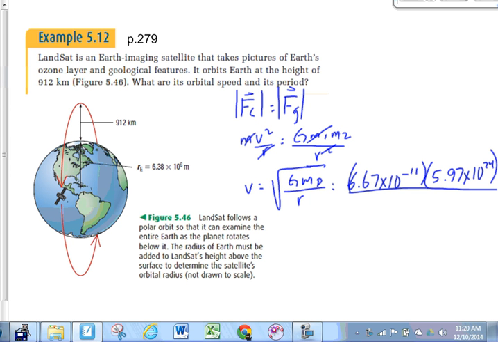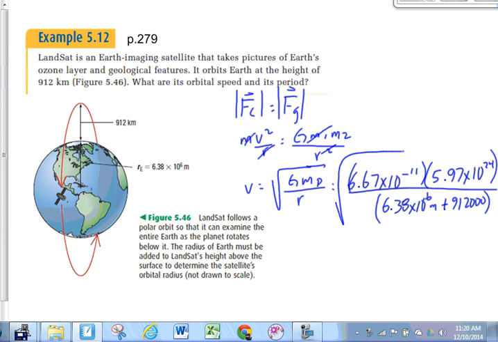Yep, okay. Good. It's 6.38 times 10 to the 6 meters plus 912,000 meters. We always want the distance from the center of the producer to the satellite.